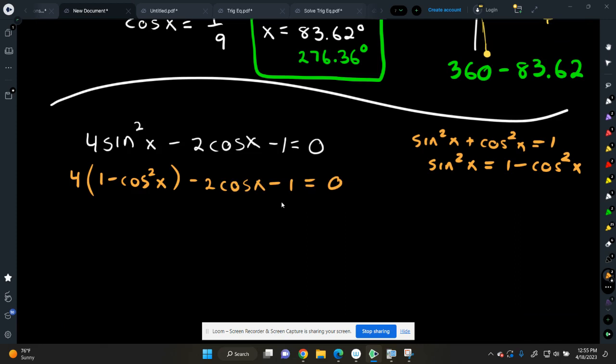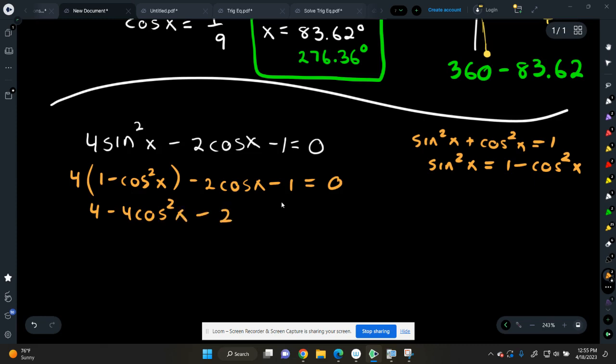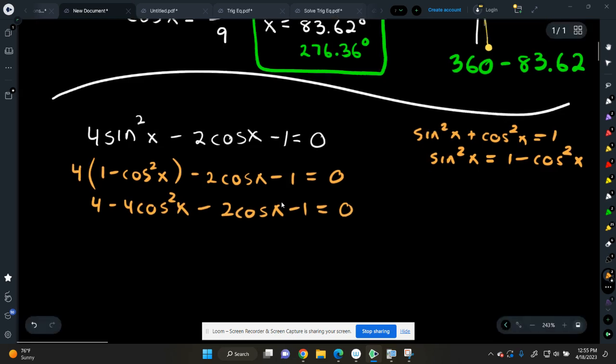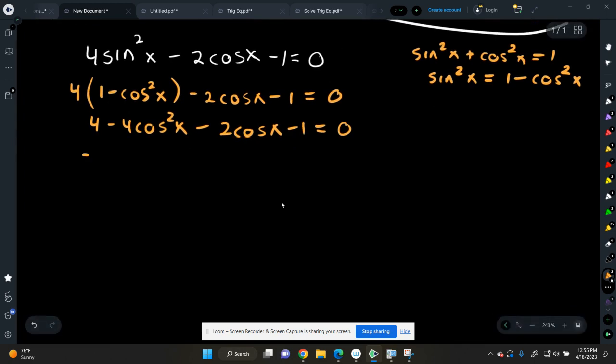So we're going to distribute the 4. 4 minus 4 cosine squared x minus 2 cosine x minus 1 equals 0. Now what? All right, combine like terms. Negative 4 cosine squared x minus 2 cosine x plus 3.